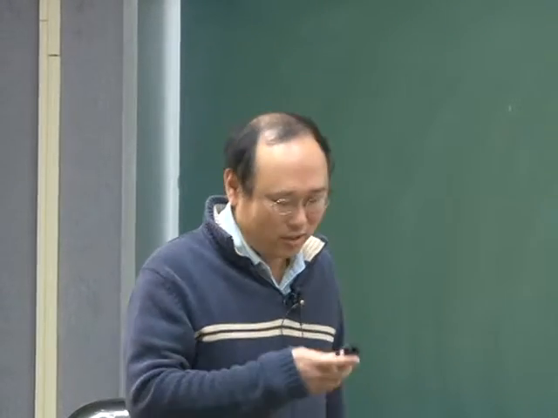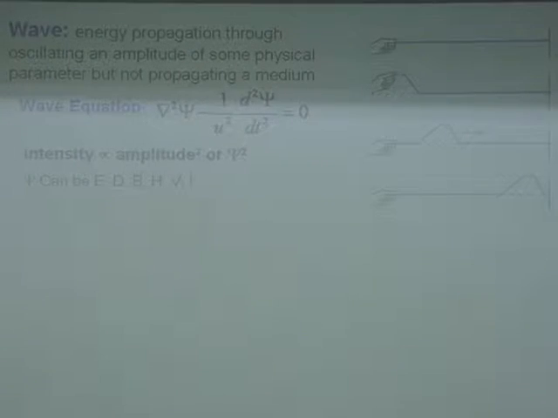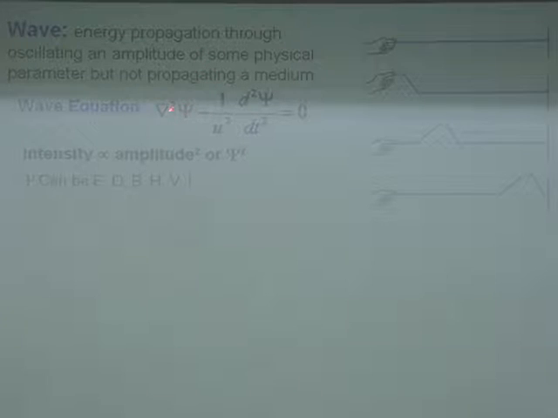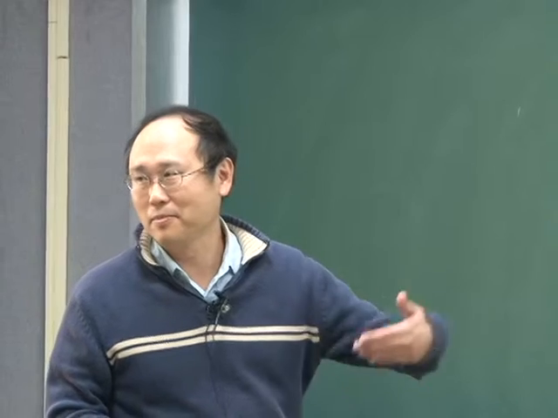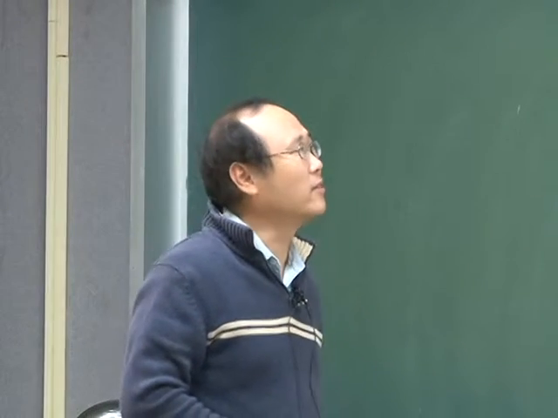No matter if it's an electromagnetic wave, water wave, or any kind of material wave, you always have this kind of expression. You want to get familiar with this expression. This could be the amplitude of the electric field, or the amplitude of the magnetic field, or the stress of some material wave.